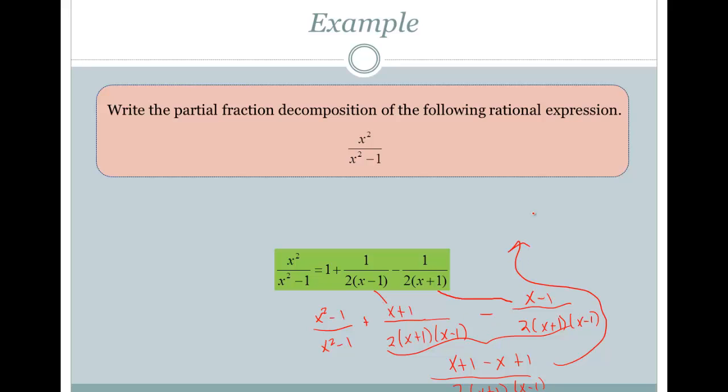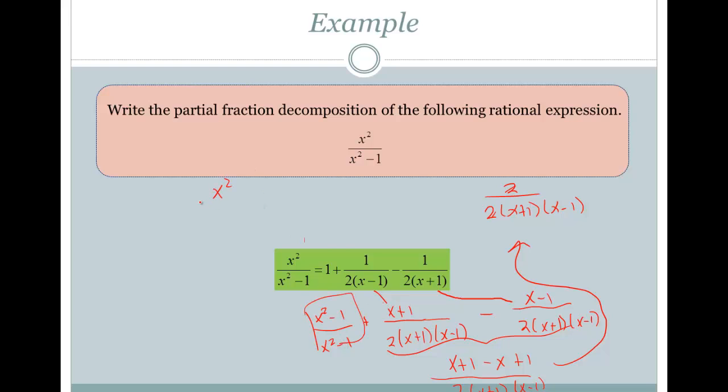That term now becomes 2 over 2 times x plus 1 times x minus 1. The 2's cancel. Okay? So now what I need to do is combine it with this first term.